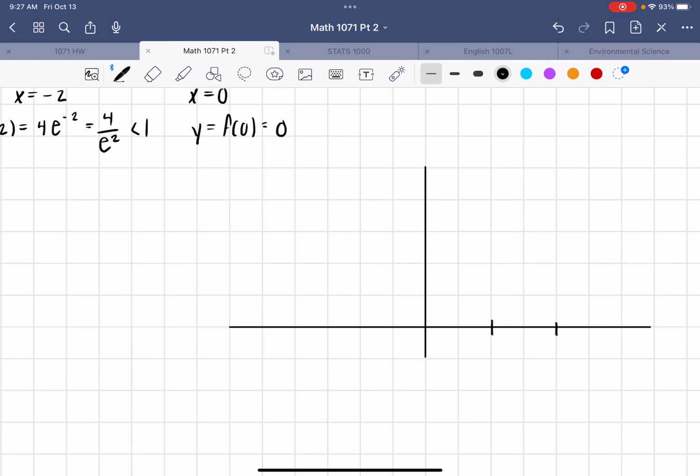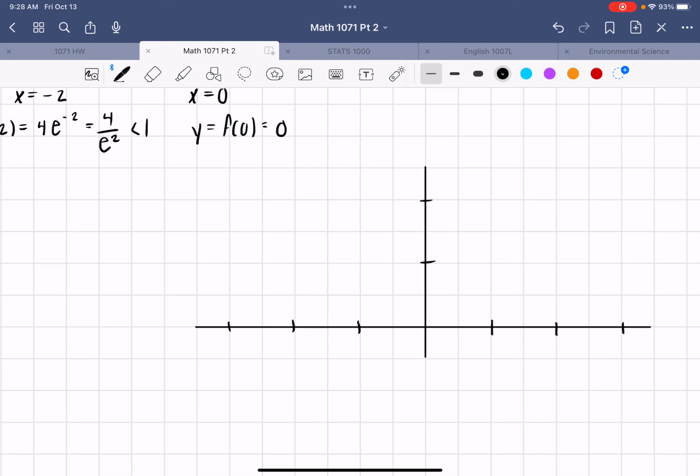So that's the critical point, negative 2, comma, 4 over e squared. And now, when x is 0, y is 0. There is a critical point.